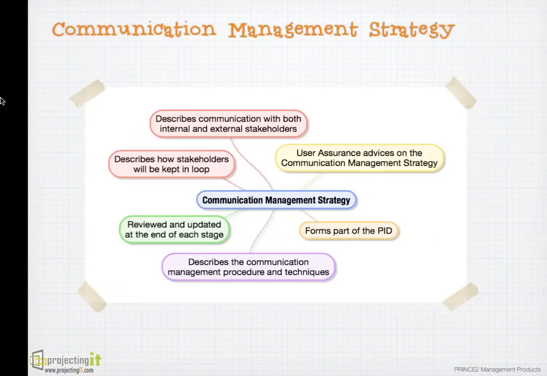So there are four strategies in PRINCE2: risk management strategy, configuration management strategy, quality management strategy, and communication management strategy. All four strategies are part of the PID and they are reviewed and updated at the end of each stage. Strategies tell us the plan and approach for doing the specific work in your project.